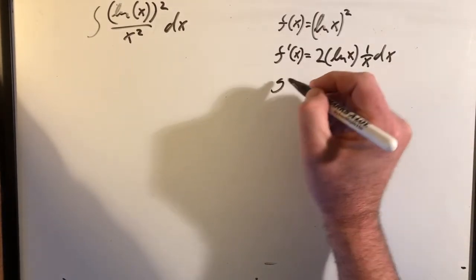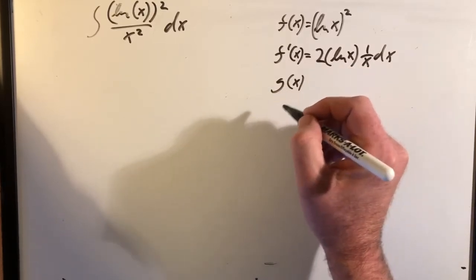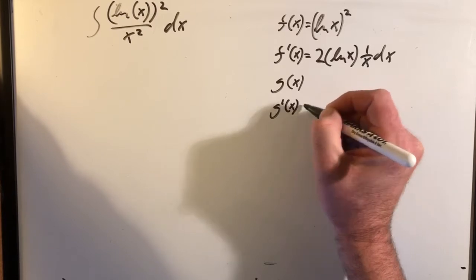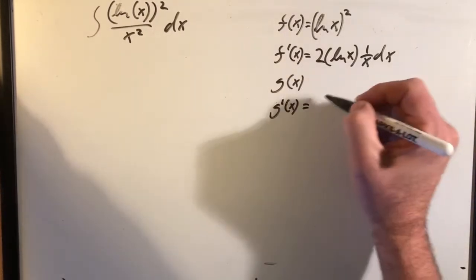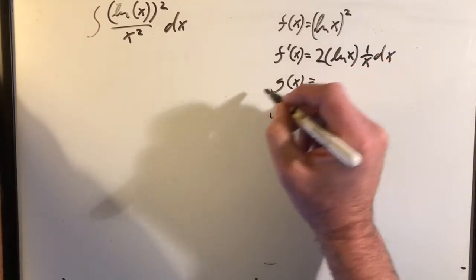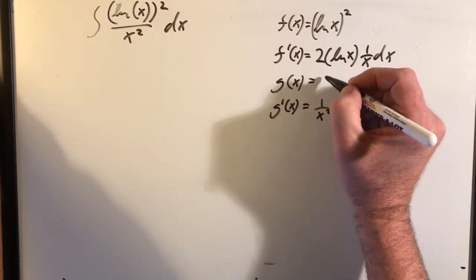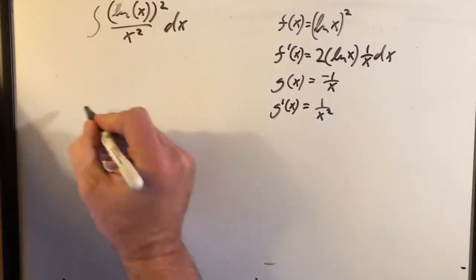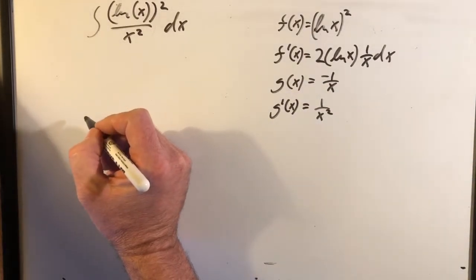And then g prime of x comes right from the original equation, where we have 1 over x squared. G of x is going to be the same as the last run, negative 1 over x, and then we'll start filling things into the problem.